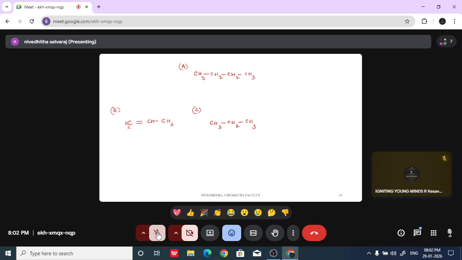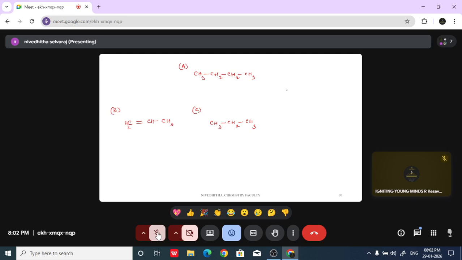So in our regular life, we are using different types of hydrocarbons. The basic difference between one hydrocarbon and another is the number of carbon atoms, as in the first and third compounds, and the number of chemical bonds between carbon atoms, as in the second and third compounds.